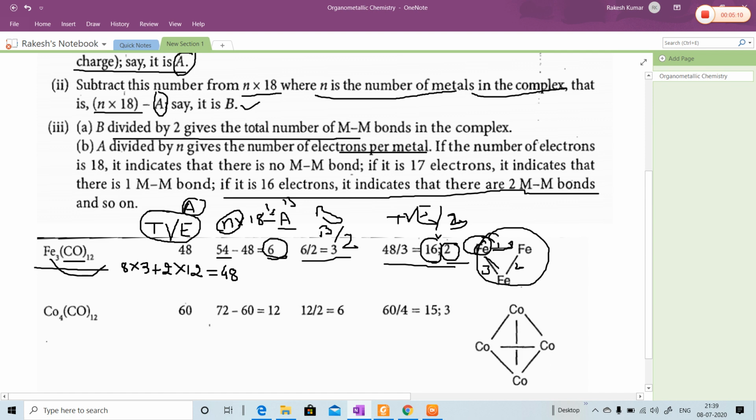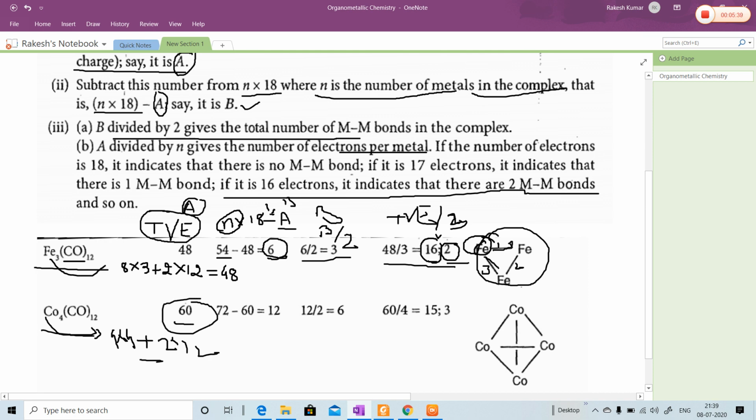Similarly, in case of Co4(CO)12, there are a total of 60 valence electrons. In the case of cobalt, there are 9 electrons in their valence shell, and 9 into 4, where 4 is the number of metal atoms, plus 12 into 2, then you will get 60.